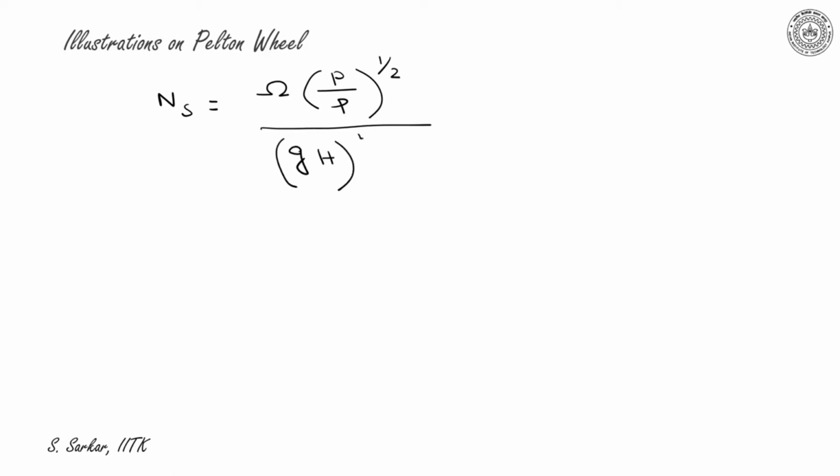The dimensionless power specific speed can be expressed as Ns is equal to omega, where omega is the wheel rotational speed in radian per second, into power by rho to the power half divided by GH to the power 5 by 4.